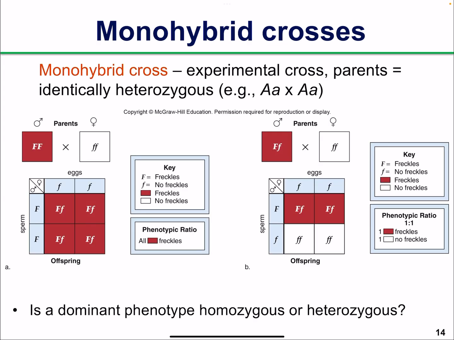So this is typically the example of what we call a monohybrid cross, right? Monohybrid cross. So for the freckles, we did that. And here, we can say the same thing for heterozygous parents, right?